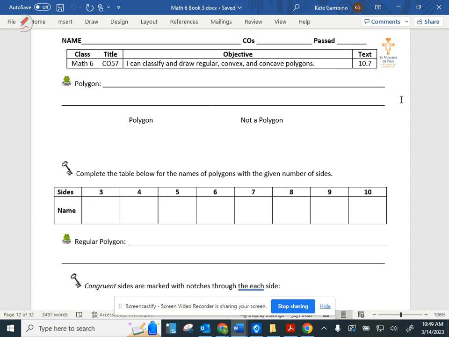So first, we're going to go with the polygon. A polygon is an enclosed figure with straight edges.